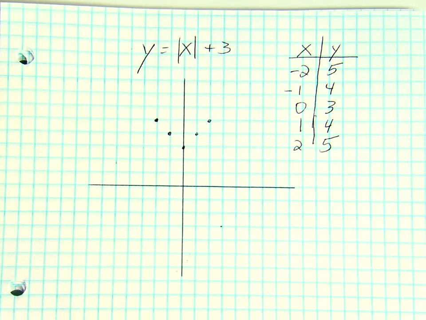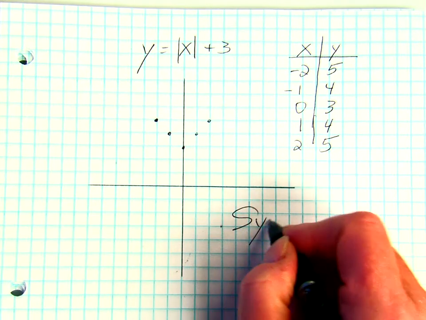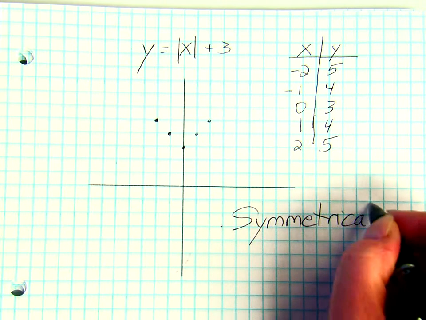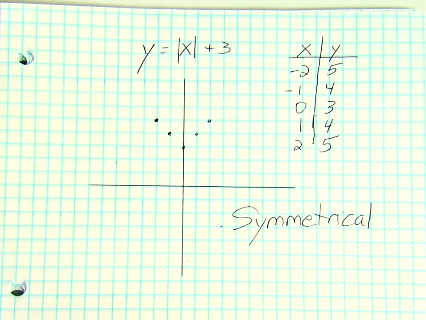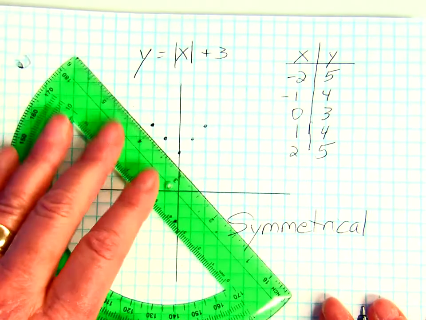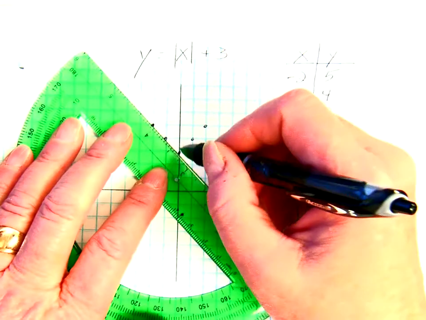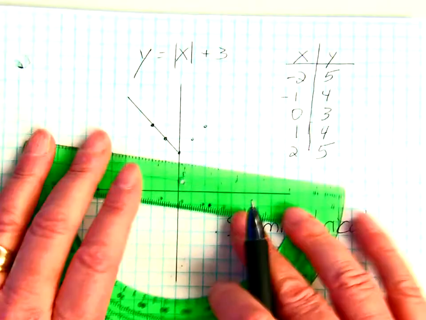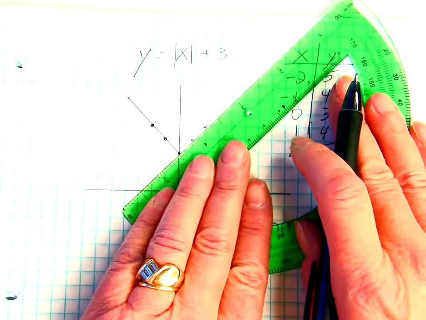Please remember, these graphs are always symmetrical. They are symmetrical, which means that there is an axis of symmetry, and then both sides, if folded over each other, would look identical. So typically, as long as you know where you're starting from, you can easily create this graph.